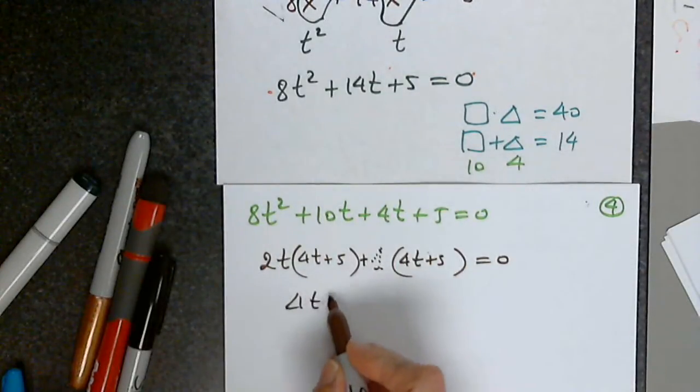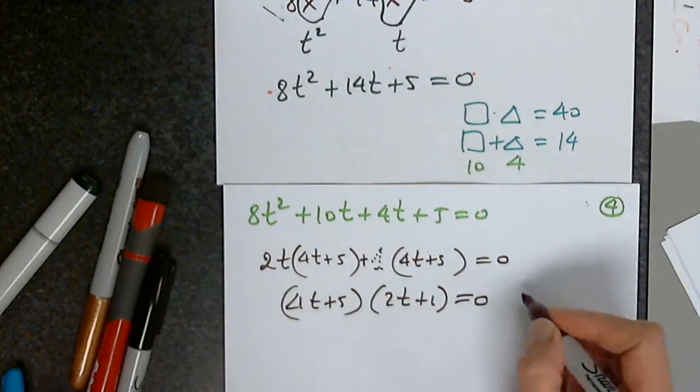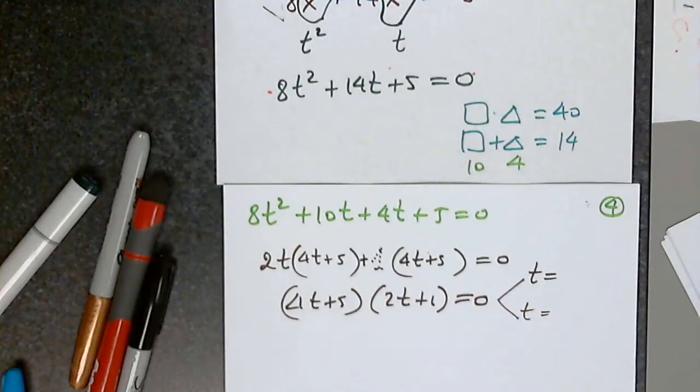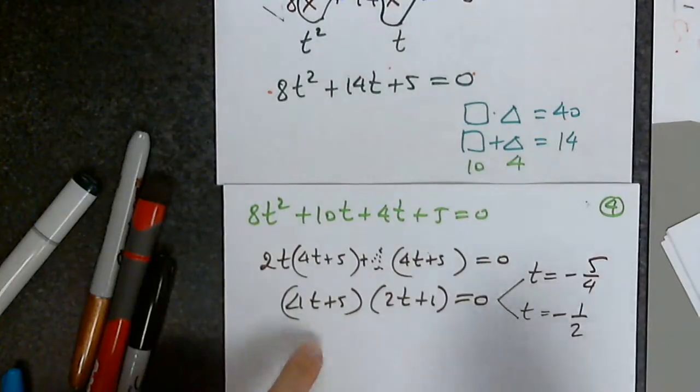So then I have 4t plus 5, 2t plus 1. So I finally have two solutions in t. And I get t equals negative 5 over 4 and negative 1 over 2.